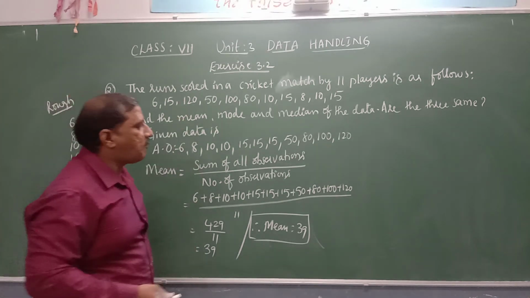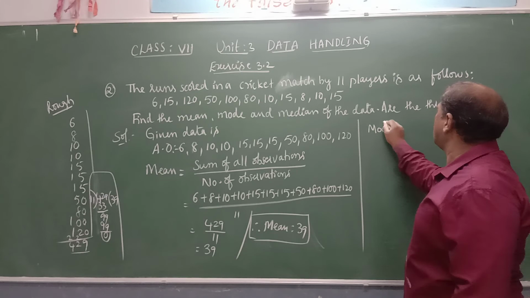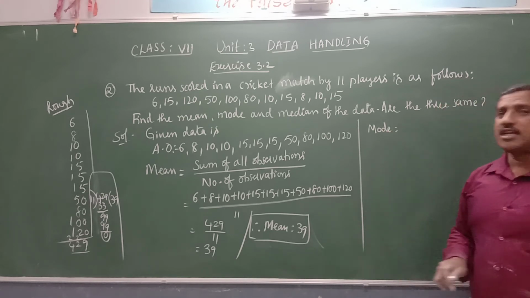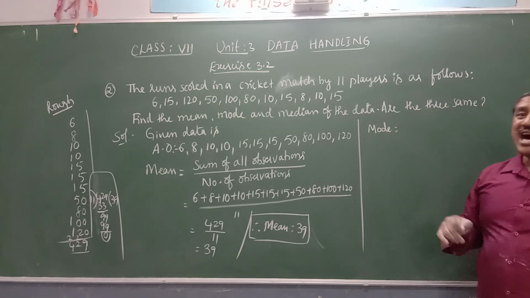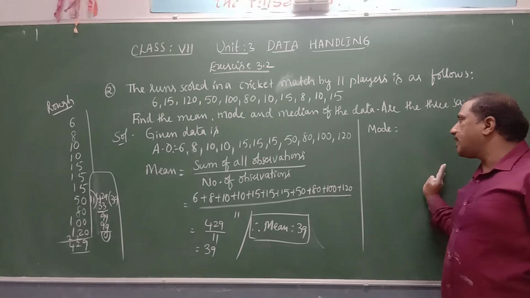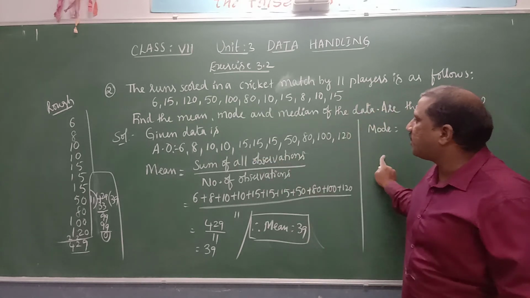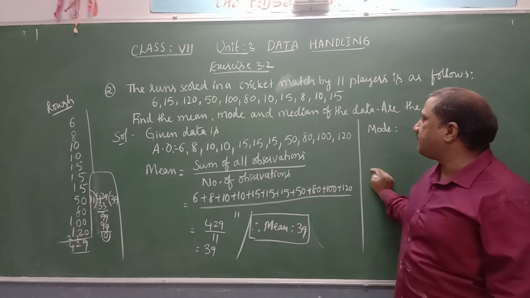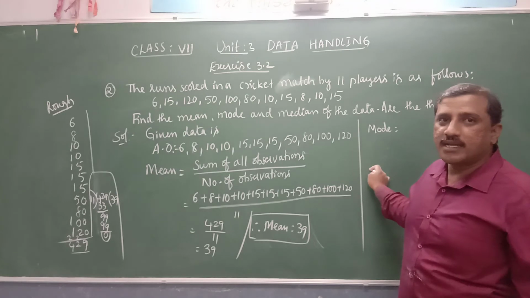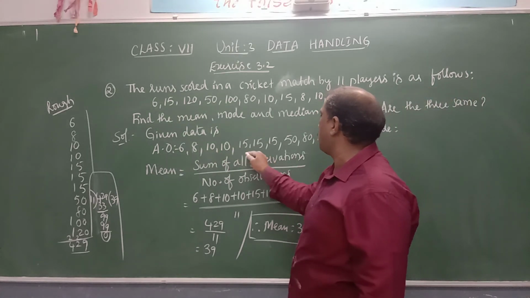Similarly, find the mode. What is the mode of the data? It is the most frequently occurring or repeated observation. For that, write the data in ascending order. Already we wrote it in ascending order. Now observe which observation is repeated the maximum number of times. If you observe here, 10 occurs only 2 times, 15 occurs 3 times.